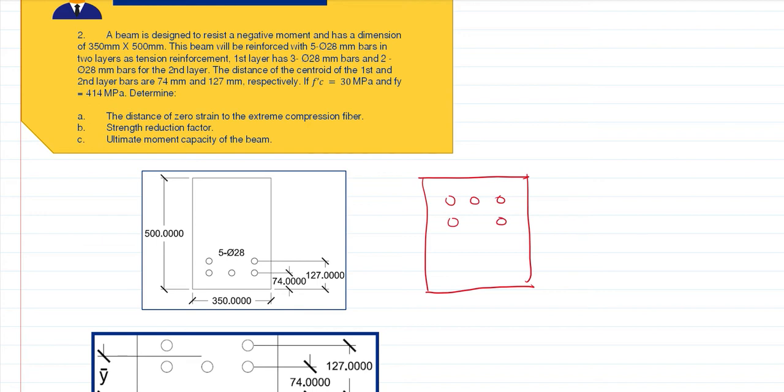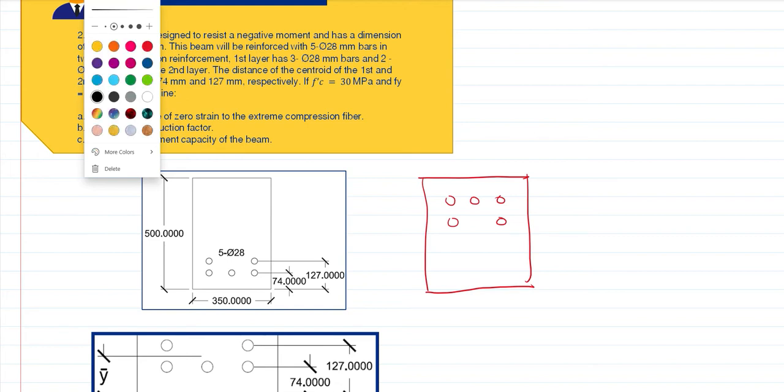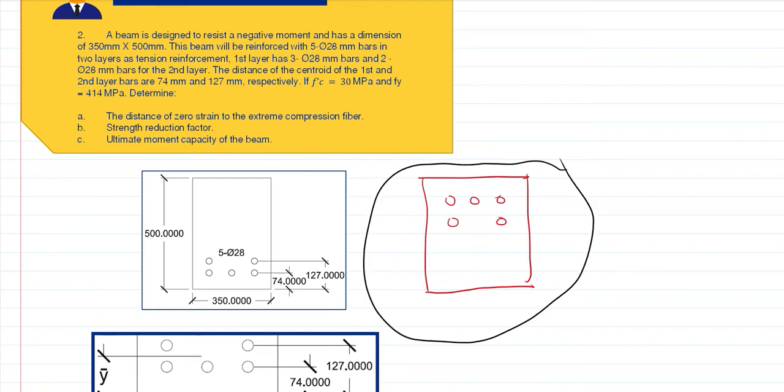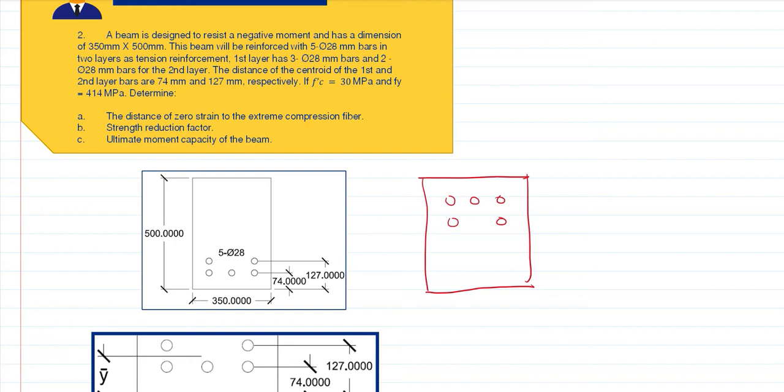So, dapat ganyan siya. Ginawa ko for this one na lang para mas madali natin makita, tinayo na natin siya, pero the actual design should be this one kasi it is going to resist a negative moment. So for now, we have to determine the following A, B, and C.